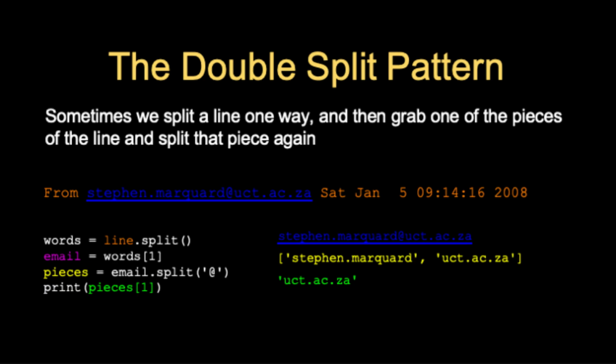A common, slightly more robust technique without regex is the double split. First, split the entire line by white space to get words. The email address is likely the second word. Then, split that email word on the @ symbol to get the user and the domain. This is more readable than manual indexing but still involves multiple operations and assumptions about the structure.